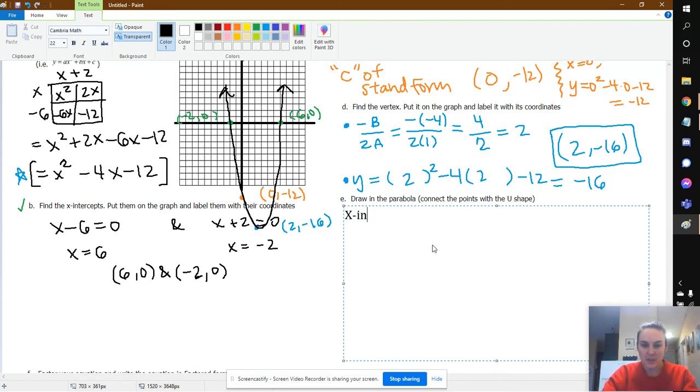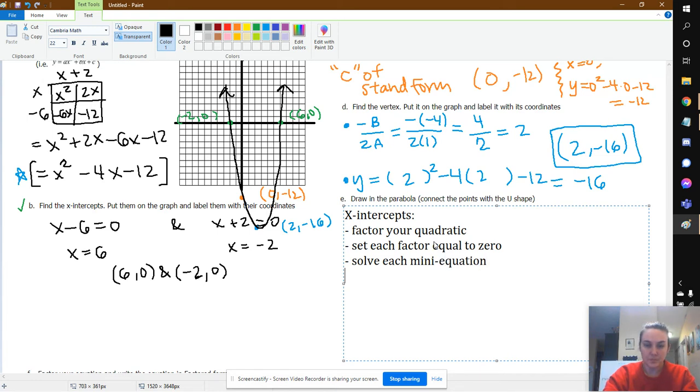To find x-intercepts, factor your quadratic. Set each factor equal to 0. Solve each mini equation. Answer looks like number comma 0 and number comma 0.